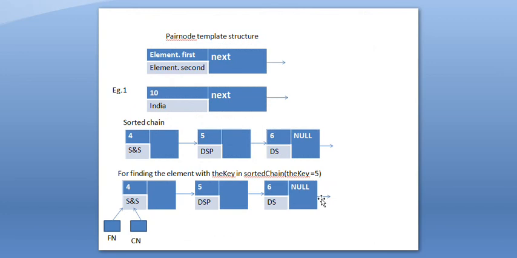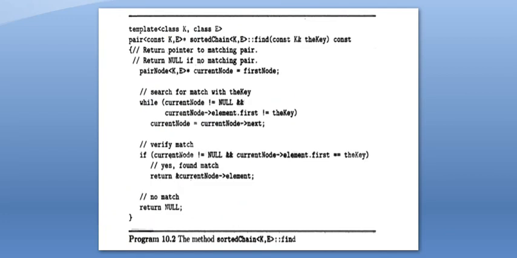When it reaches the last node, current node becomes null. In that case you don't have any element, so no need to traverse, that is the last. You come here again, and finally you just return null itself.